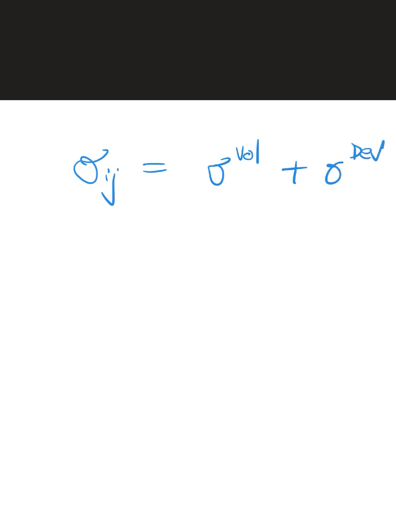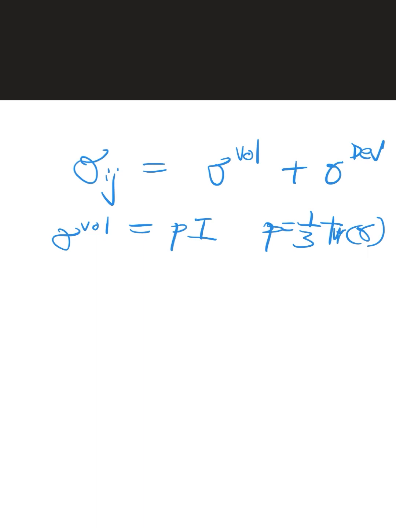The volumetric part is simply equal to the pressure times the identity tensor, and pressure is simply equal to 1/3 of the trace of the stress tensor. What it means is that you just add the diagonal terms together.